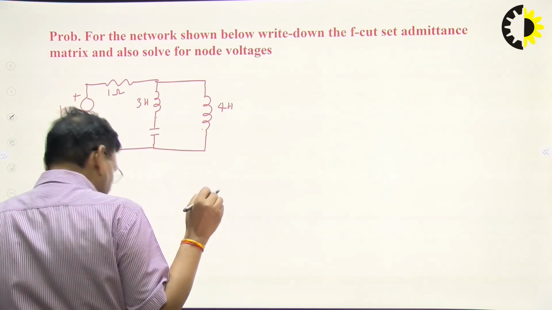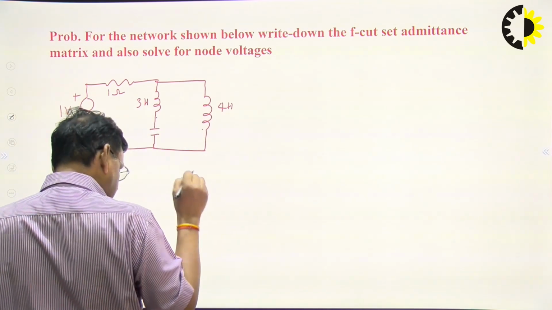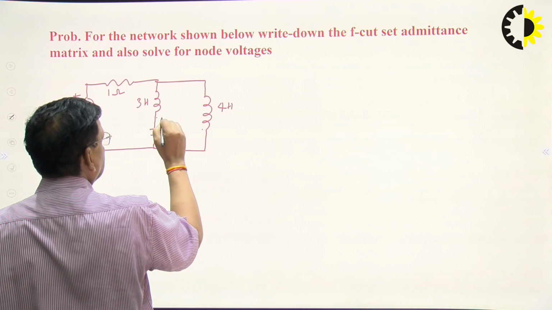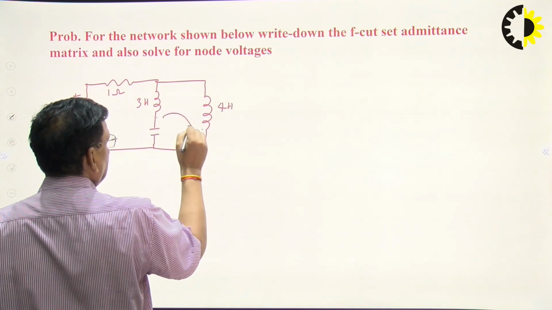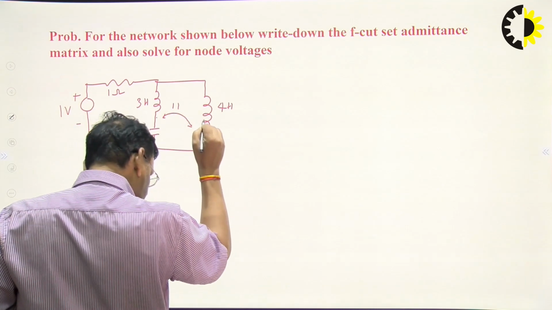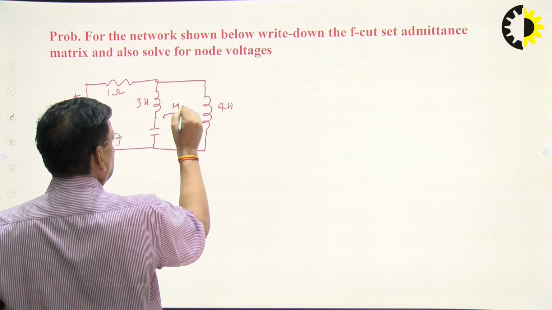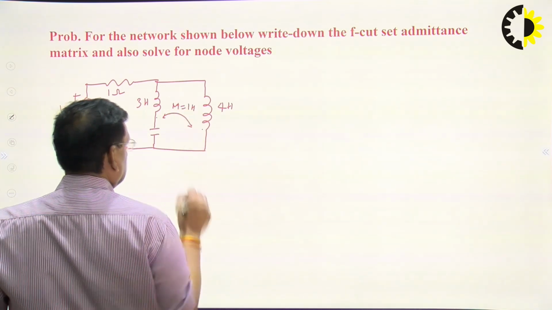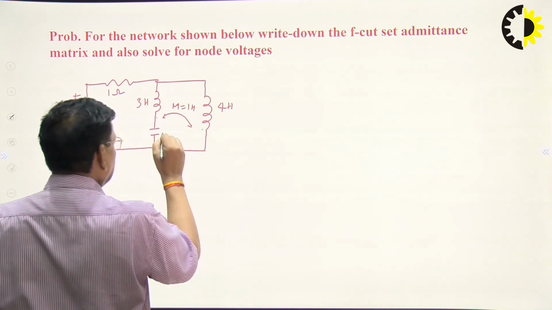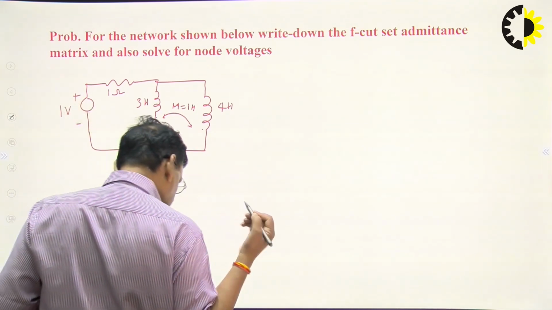There is mutual inductance between these two, which is 1 Henry. So, M is equal to 1 H. Okay, this is 2 farad and this is this much.